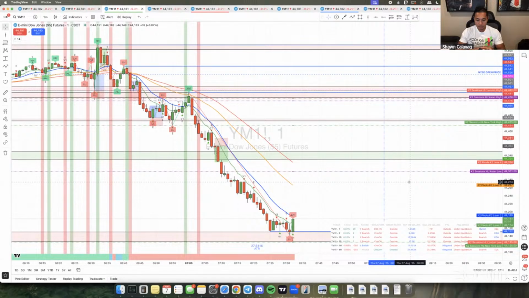All right, looks like price is inching down to that area. Still did not get to that 125.